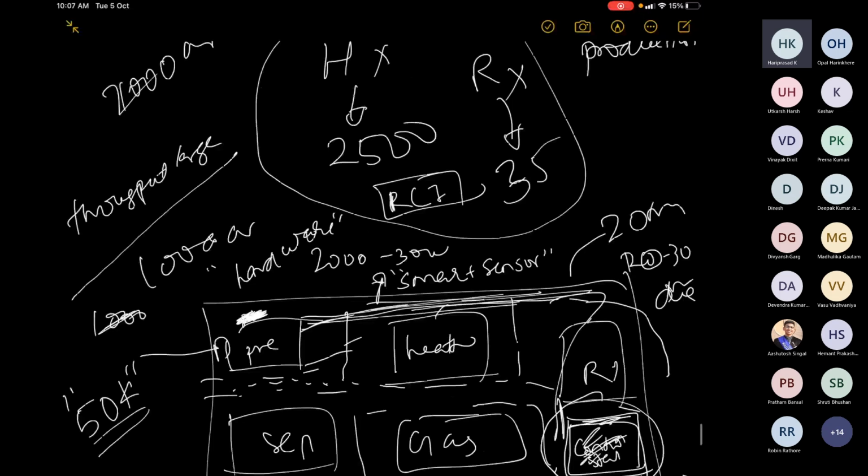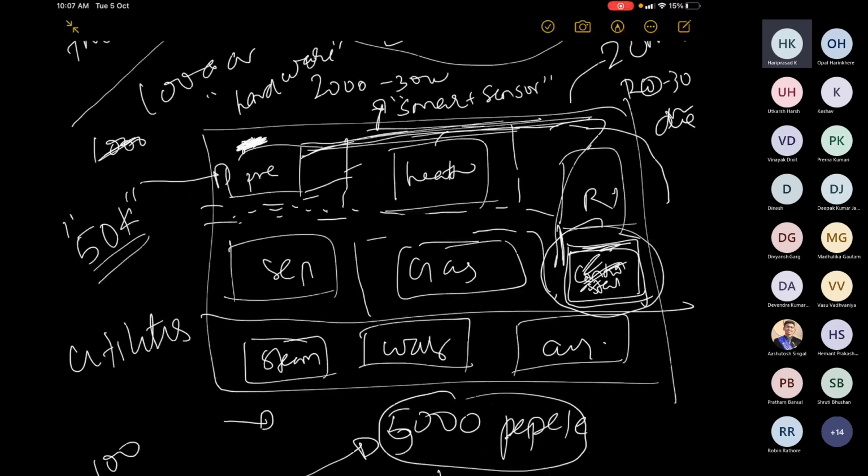So sometimes the controllers are implemented at local locations. In that case, it is a hardwired control. Basically, what you are going to fix is the electronic circuit. You work out all such calculations.